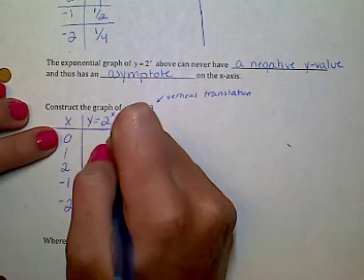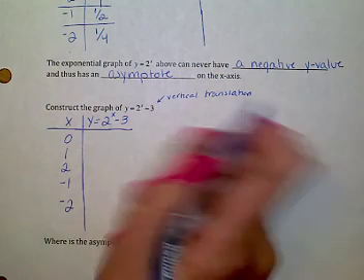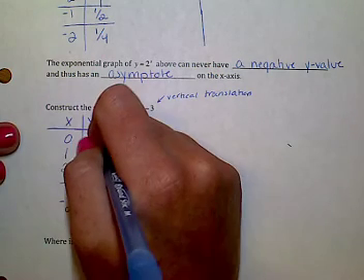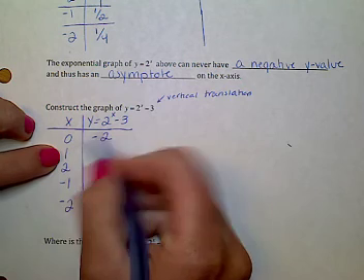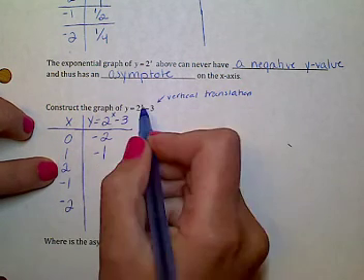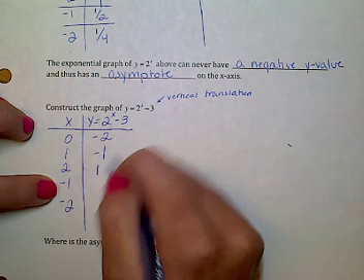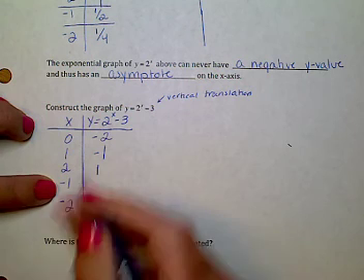So plug in a 0 for x. 2 to the 0 is 1. 1 minus 3 would get me negative 2. Plug in a 1 for x. 2 minus 3 is negative 1. Plug in a 2, that's 4 minus 3, that's 1. And then a little mental math necessary here. Let me clean up my chart.